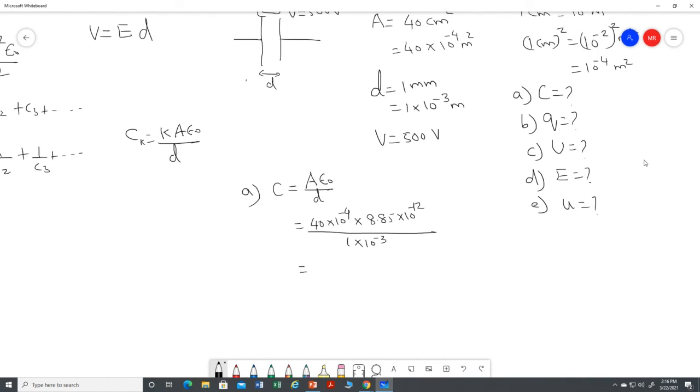When you use your calculator, you will get the answer for the capacitance. Am I right? What is the unit for the capacitance? The unit for the capacitance is farad. Clear? Understand?